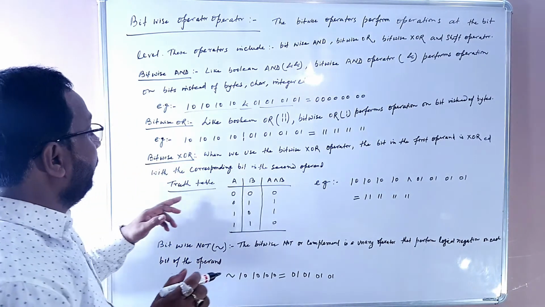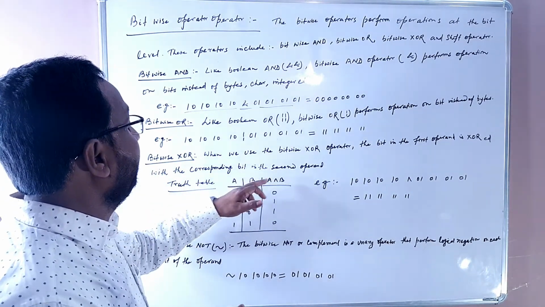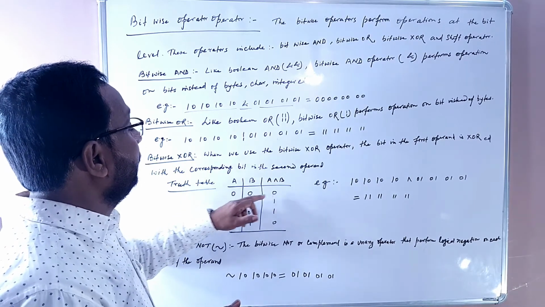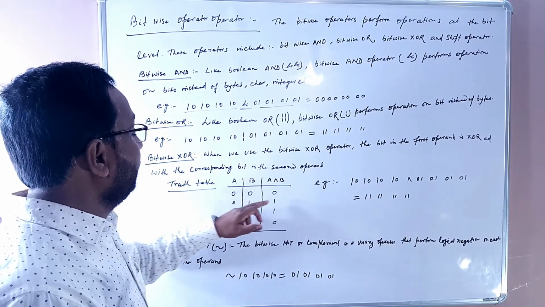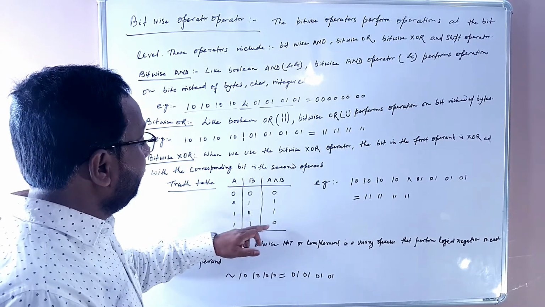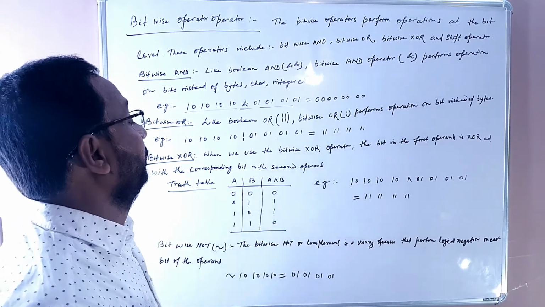Here the truth table is A, B, A XOR B. Here 00 is 0, 01 is 1, 10 is 1 and 11 is also 0.